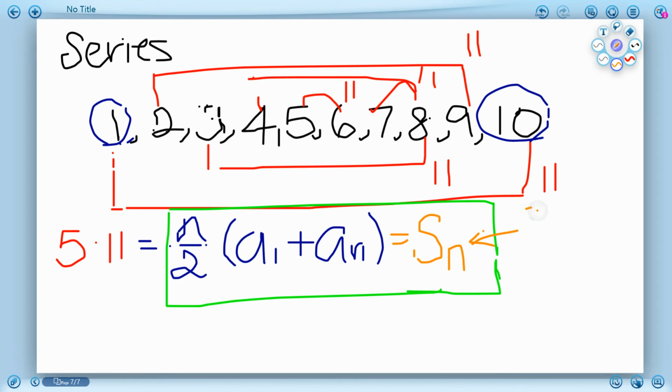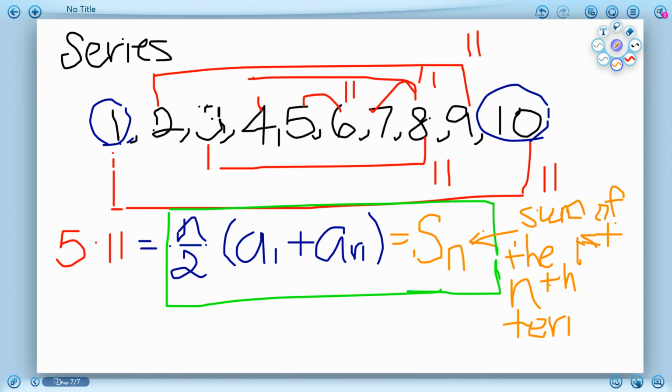So this is the sum of the first nth terms. Okay, that looks terrible, but it says sum of the first nth terms. I hope this helped you understand what our formula is.